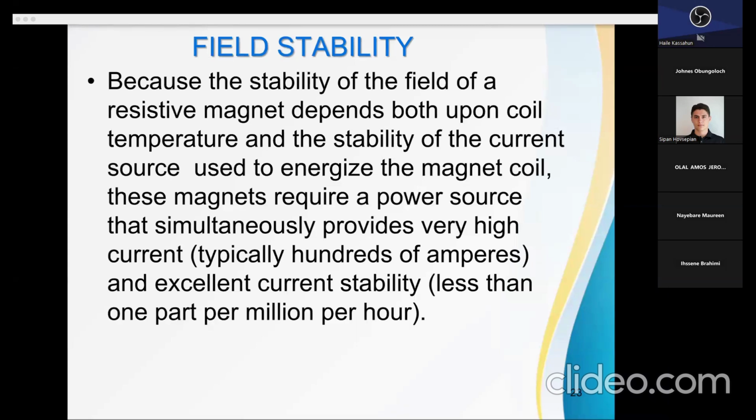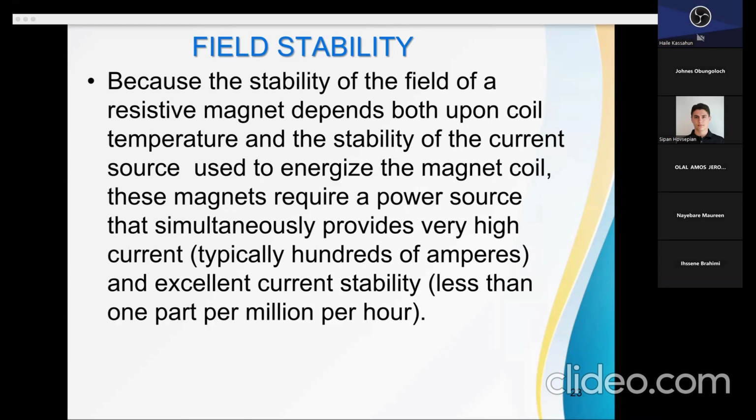So the circuits that normally drive these fields are specialized circuits that can provide stable current over a variable resistive device, or a variable resistive coil. So as the resistance changes, the current through it should remain the same.